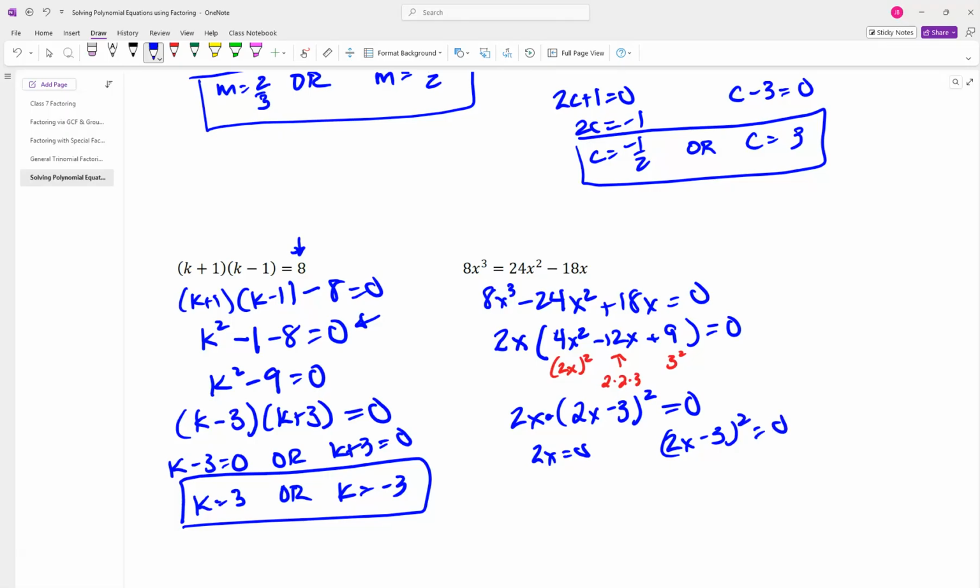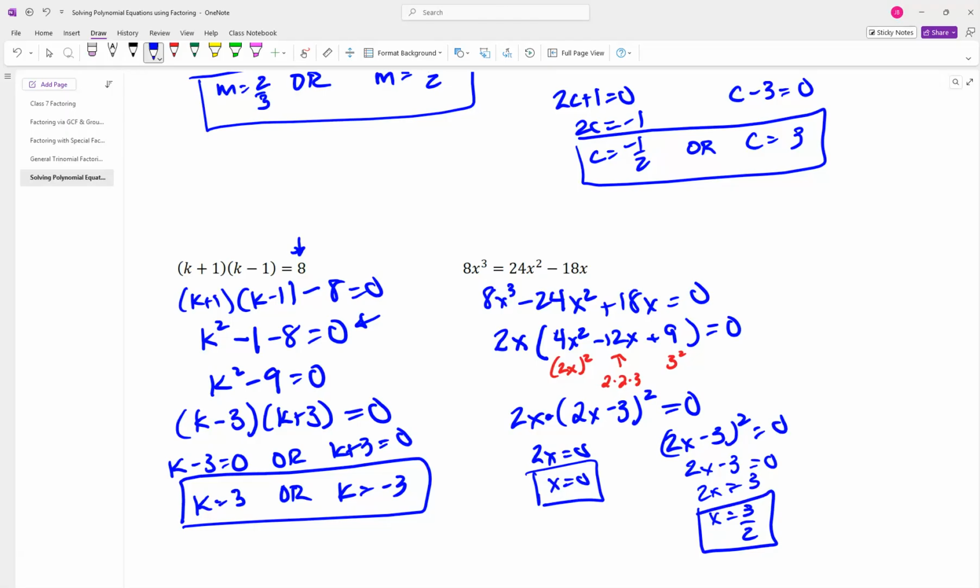Divide by 2, x is equal to 0. So that's one answer. Square root both sides, you just have 2x minus 3 is equal to 0. Plus and minus 0 doesn't make sense, so it's just 0. Move 3 over, 2x is equal to 3. Divide by 2, x is equal to 3 over 2.